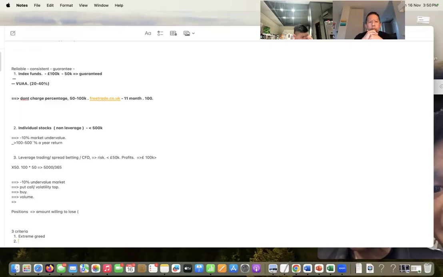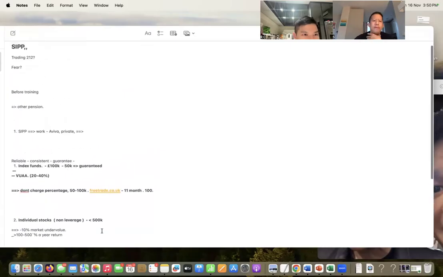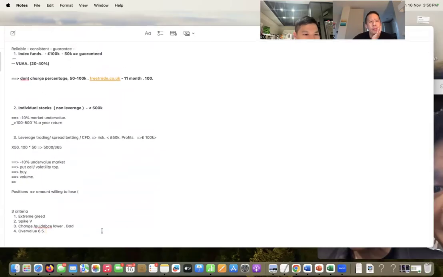The second one is a spike in volume, which is also a good time to get ready to sell the stocks. The third is a change of guidance, when it's lower and not a surprise, when it's bad, then we can also sell those stocks. Or when the market goes overvalued by 6.5% using my website. Yes, right, 6.5. So that's what happened.